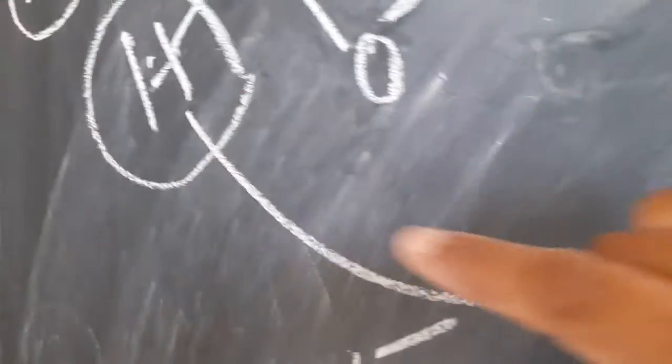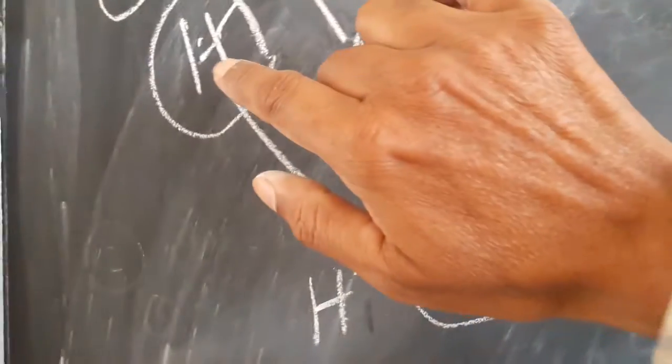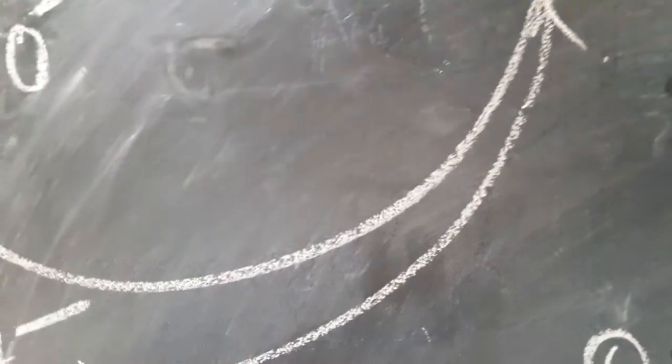One of the hydrogens, H minus, not H plus, H minus, is shifting towards the second carbon. If this is the second molecule of formaldehyde, one H minus is coming here, so therefore it will be CH3O minus. That is the methoxide ion.